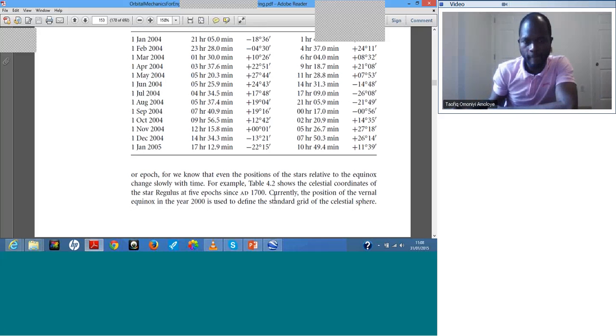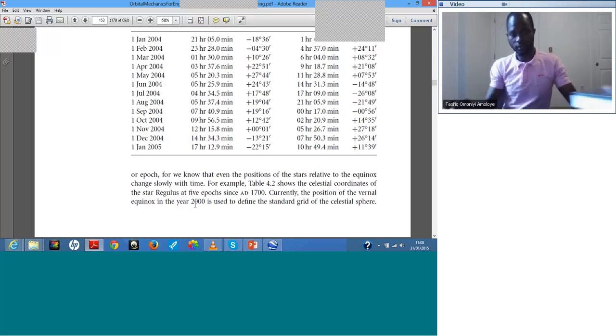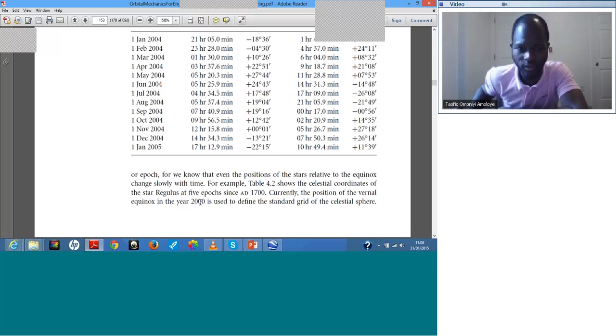At the time of writing this version of the textbook, the vernal equinox position in the year 2000 is in current use, and I think it's still in current use until now.